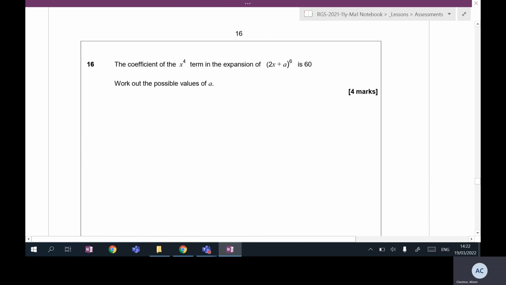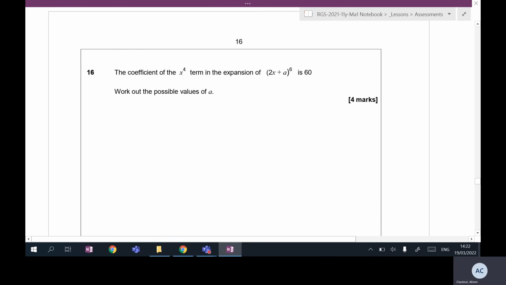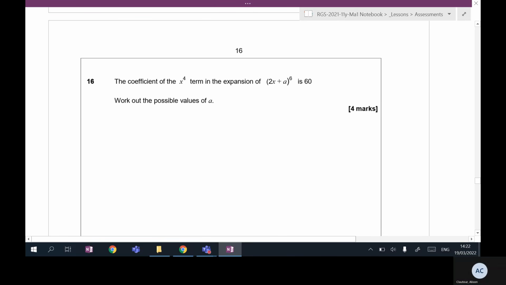Number 16. The coefficient of x to the power 4 in the expansion of 2x plus a to the power 6 is 60. So this is quite a typical binomial expansion question. Okay, and I've got something to the power of 6. Okay, so if I draw out Pascal's triangle, okay, I'm basically going to keep going until my second number is 6. 10, 10, 5, 1.